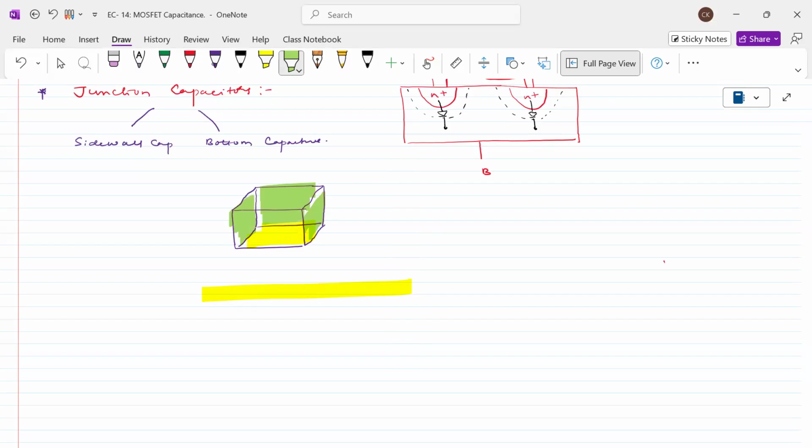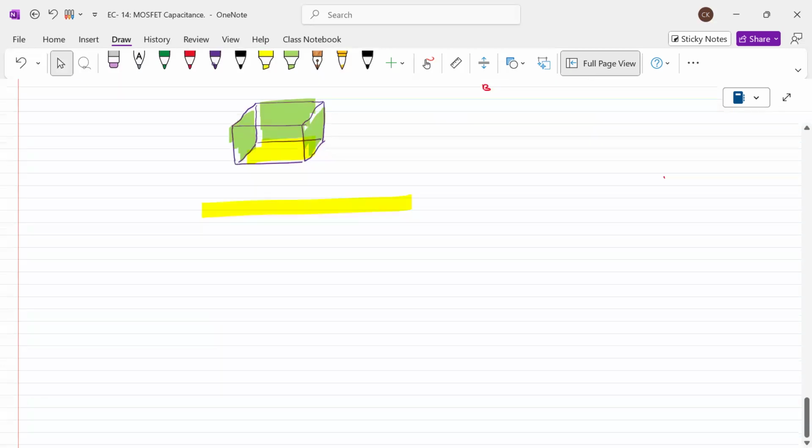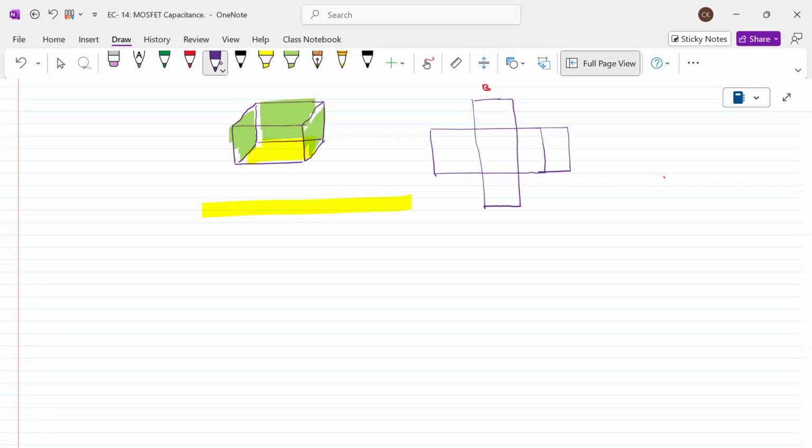So we need to calculate that capacitance also. As we talked about previously, this capacitance is a junction capacitance. We take one simple structure, something like this. For example, this is the diffusion area. This is the polysilicon area, and the polysilicon width is something like this.